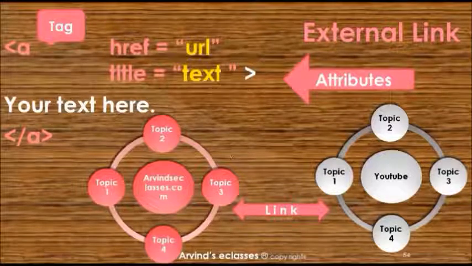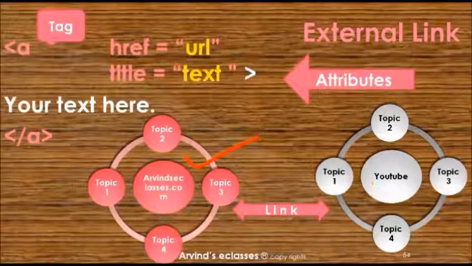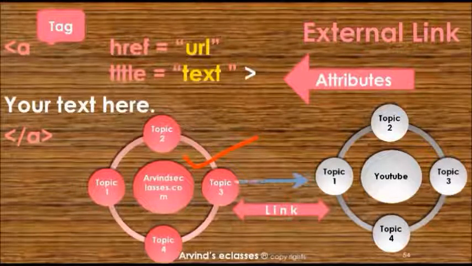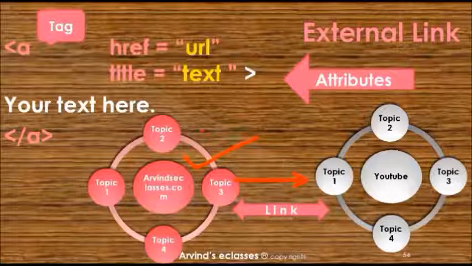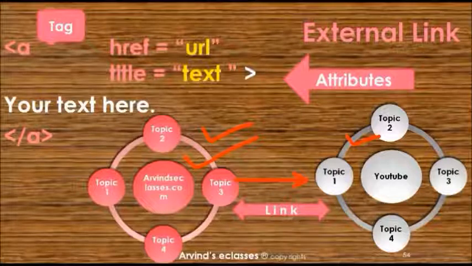See here, we have one website, arvindseclasses.com, and here we are establishing a link with this external website. So it's one website and we are calling a second website, so it is called an external link.